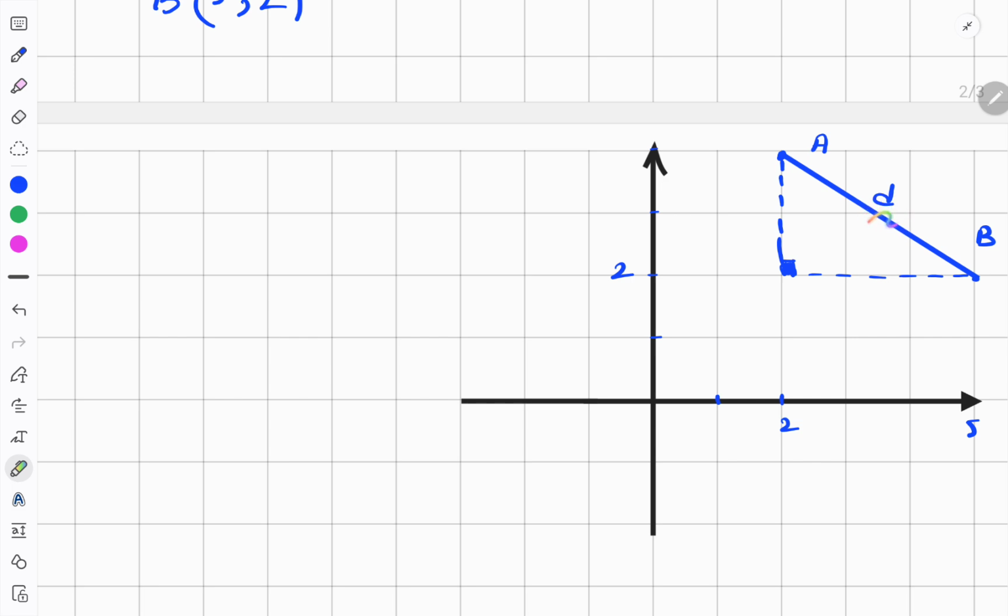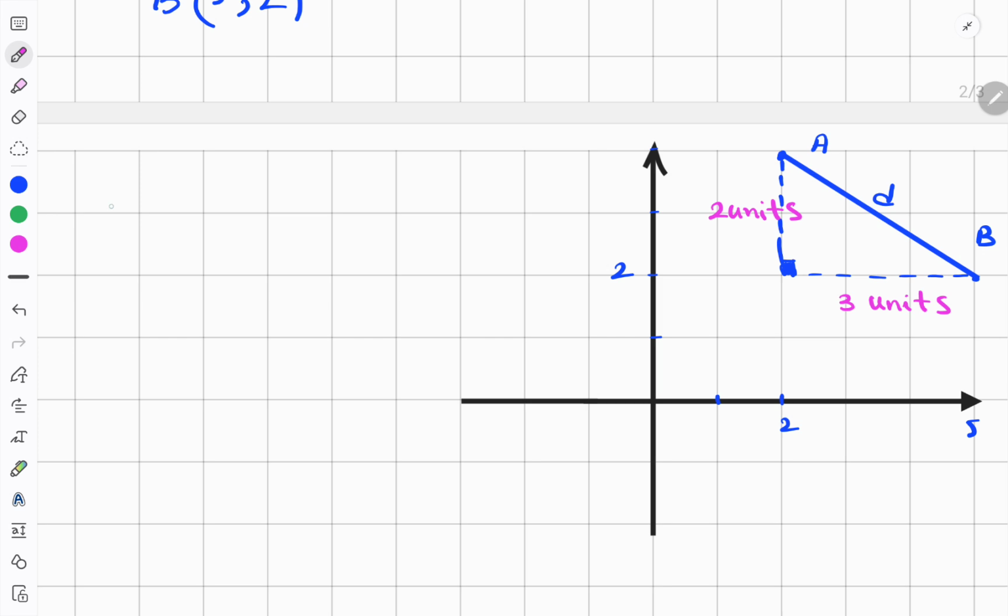For finding the value of d, you just need to find the length of this side and the length of this side and use Pythagoras' theorem. So this is 2 units, and this is 1, 2, 3 units.